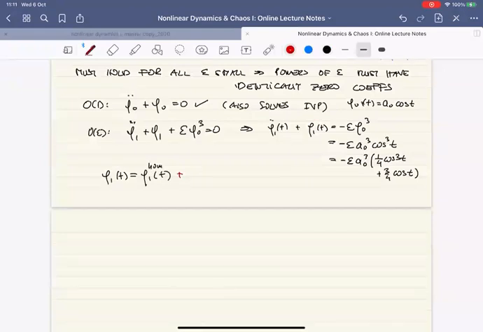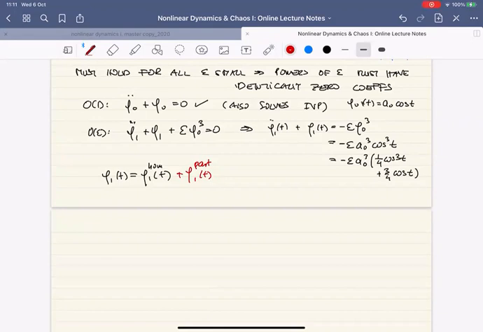Plus the inhomogeneous part, which is a particular solution. Let me call it that way. Plus the homogeneous part, and then you already use the homogeneous part to satisfy the initial condition.